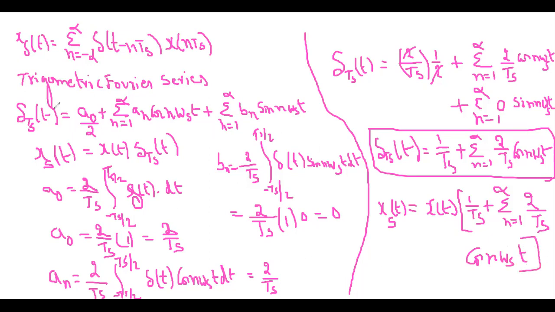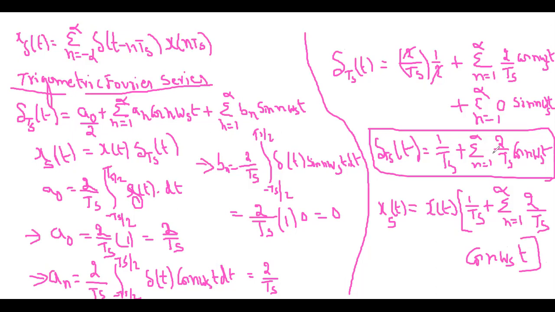Okay, using the trigonometric Fourier series, we assume the signal is delta ts of t, a naught by 2, an and bn, find out the a naught, an, bn values and substitute in the delta ts of t.